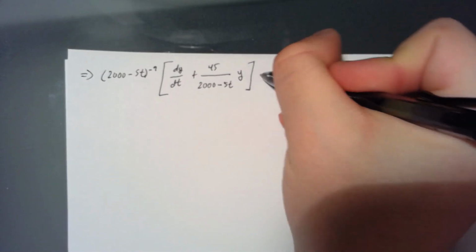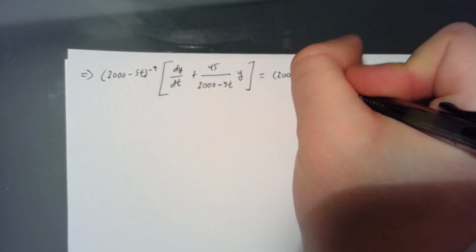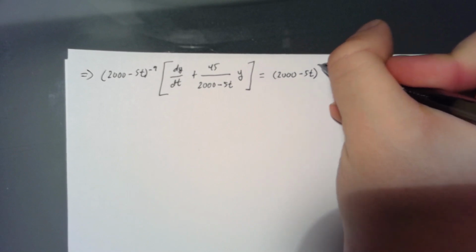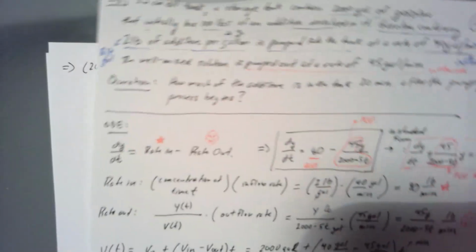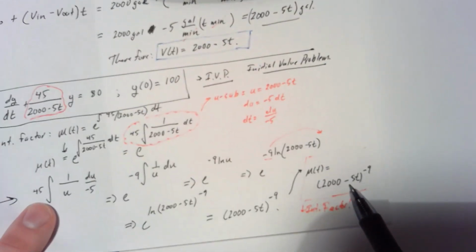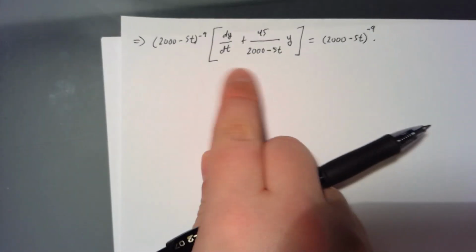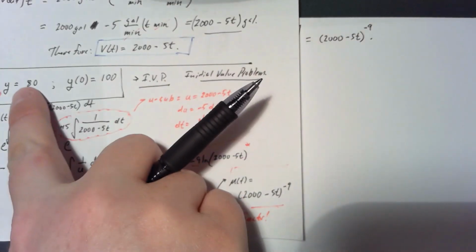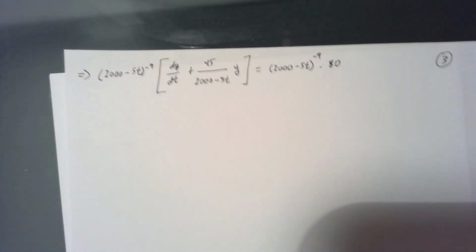That's the left side, and that equals, and then you multiply that by the right side, which is 2000 minus 5t to the -9th times what? So you can see what I'm doing here, right? This is being multiplied by the left side, which is what I have here. And then I'm taking that and multiplying it by 80 on the right side. So that's what I have now.